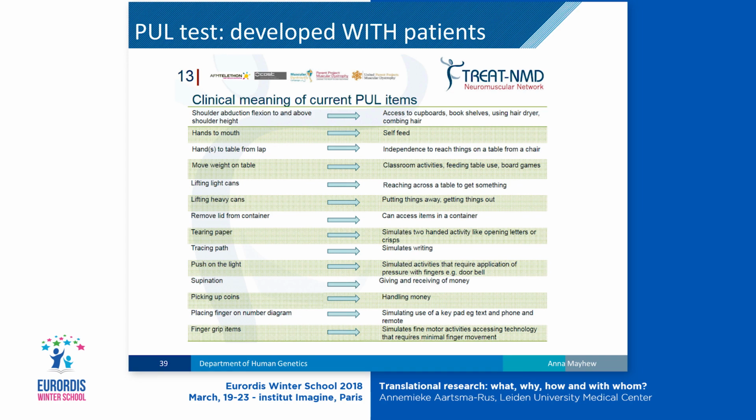Then a test was made that tests in different ways whether these functions are maintained. So if patients lose a point on this test, they have lost a function that we know is important to them. This is a much better test, and of course it can also be used in non-ambulant patients.